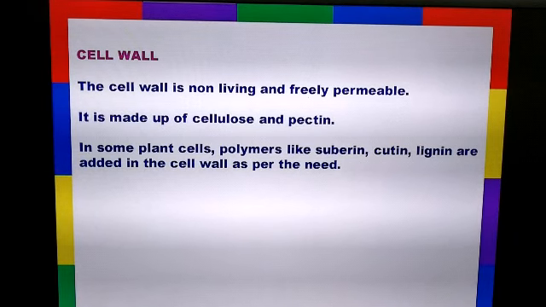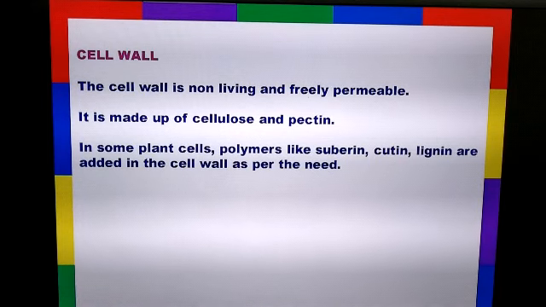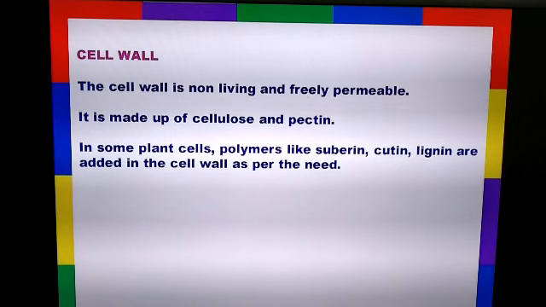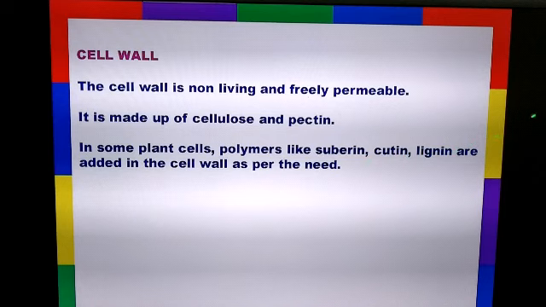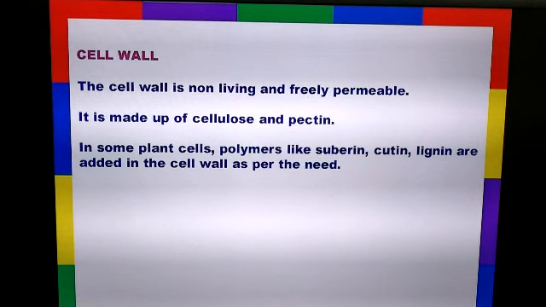Now what are polymers? Polymers are chemical compounds which contain many molecules in them. So all these substances, suberin, cutin, lignin, they are polymers. So you have many similar molecules which are attached in the form of a long chain, thereby forming a polymer.